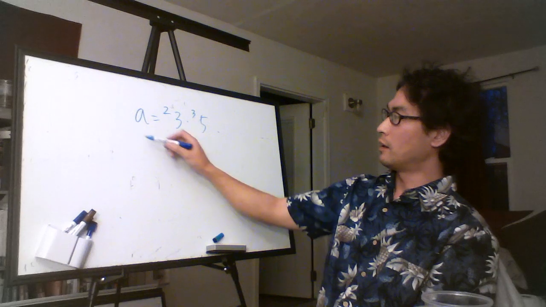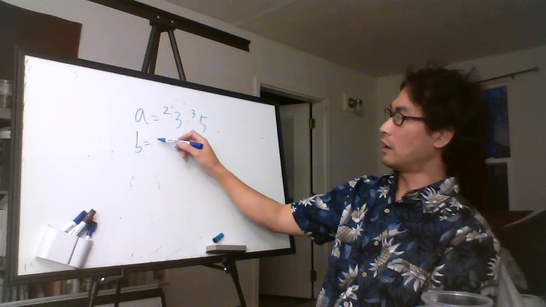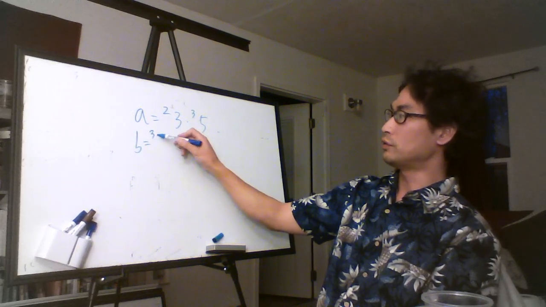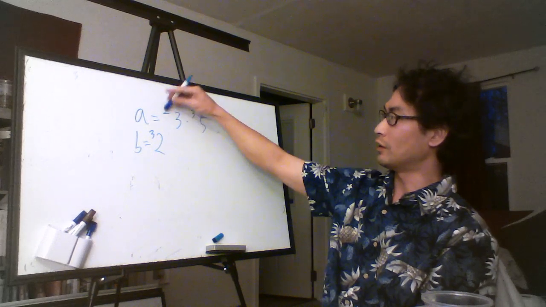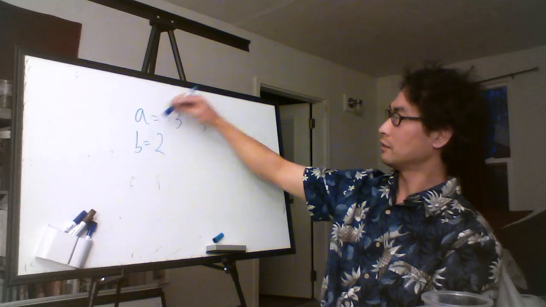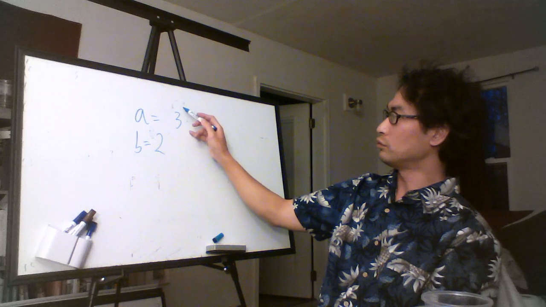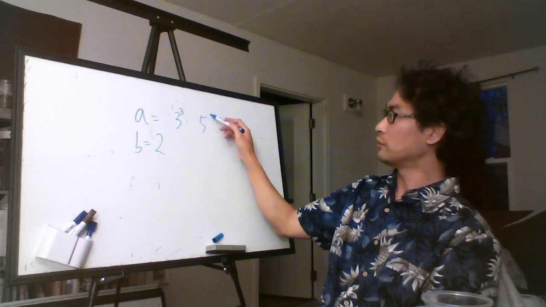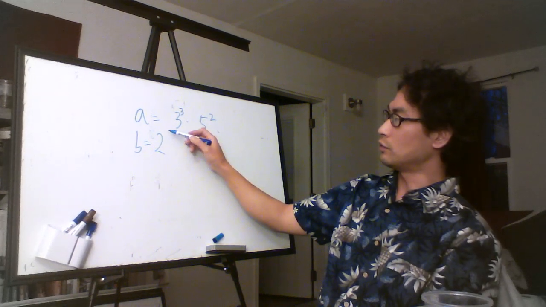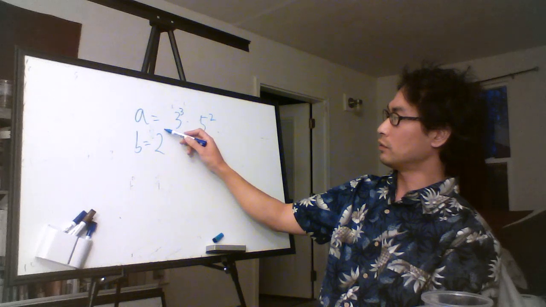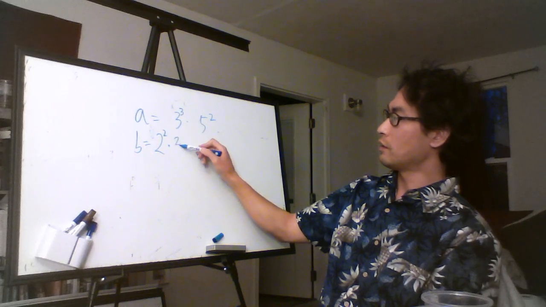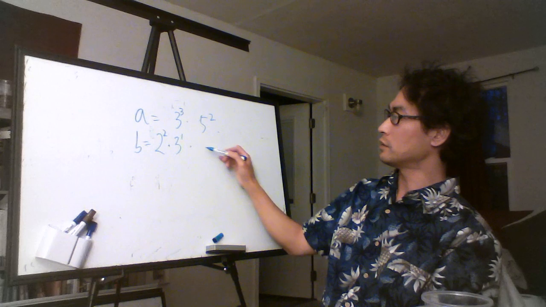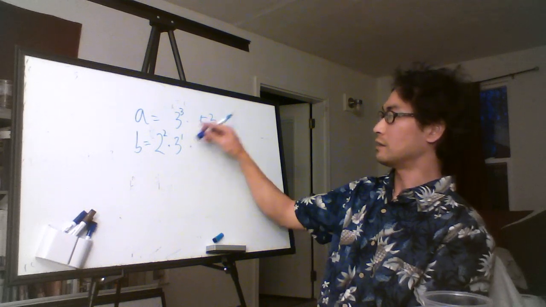I'm sorry, we are doing multiplication, right? So A is 2 to the third times 5 to the second. B is equal to 2 to the second times 3 to the first, and that's it.